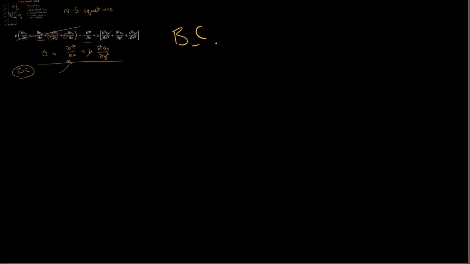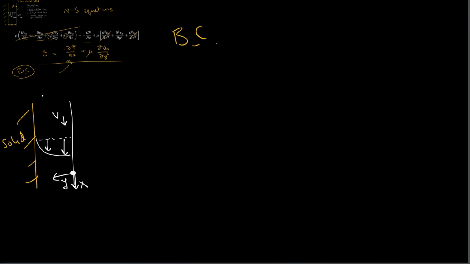First, let's look at the boundary conditions in this problem. In order to make that a little easier, I'll just redraw our picture over here. Again, we have a solid over here. We have a liquid.